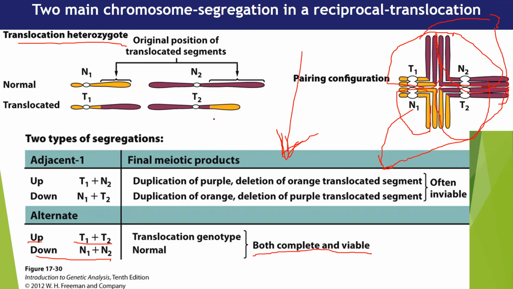If you see deletion or duplicated genes or DNA, then that's a problem. That gamete is possible, but it is usually not viable. And the key point for this is this. Okay, all right. So this is the very basic knowledge of translocation.